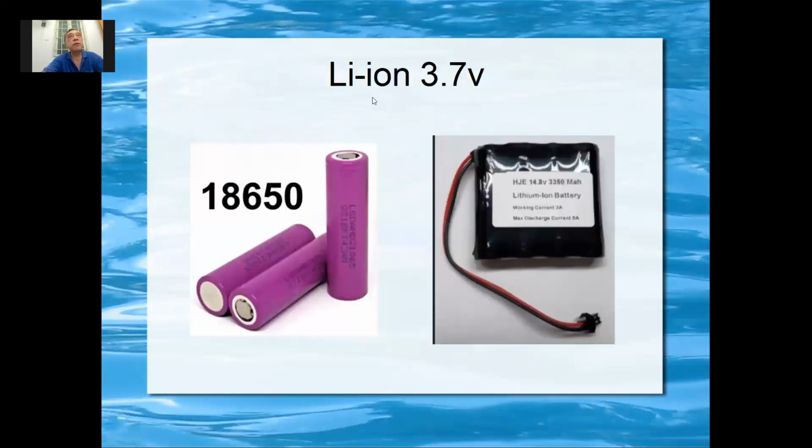Okay, now we go to the lithium ion battery, 3.7 volt. Normally they call it 18650. This is the size of the battery, the dimension. Based on this dimension, you won't know if it is lithium ion or lithium iron. The two sound like iron and ion.